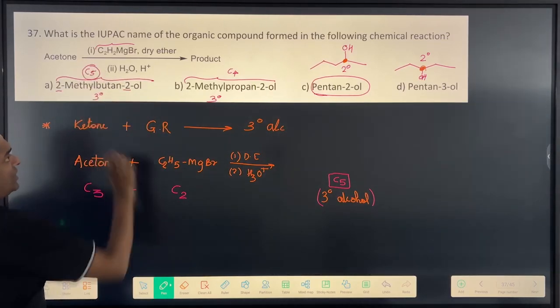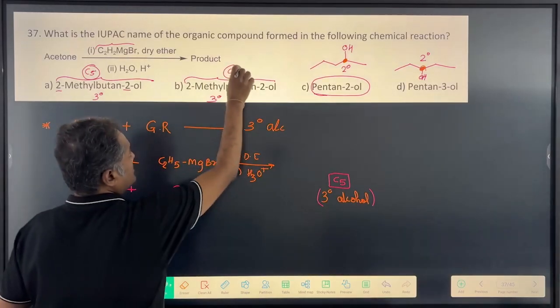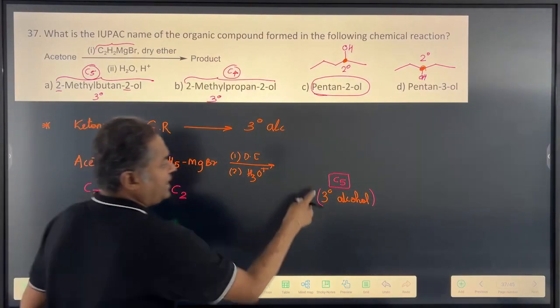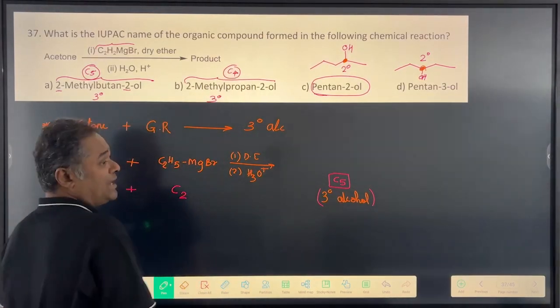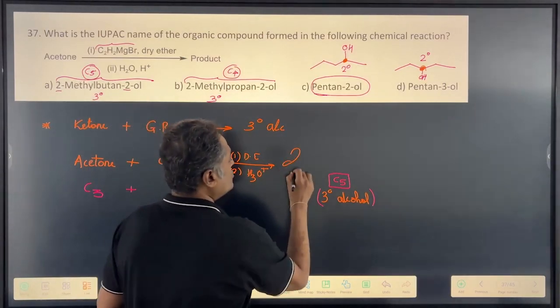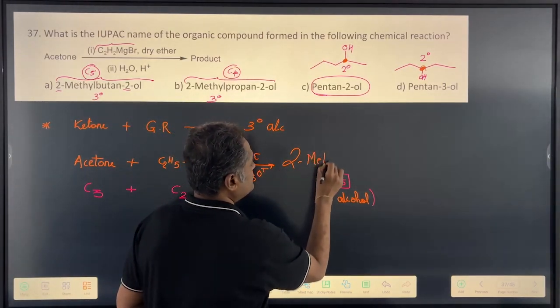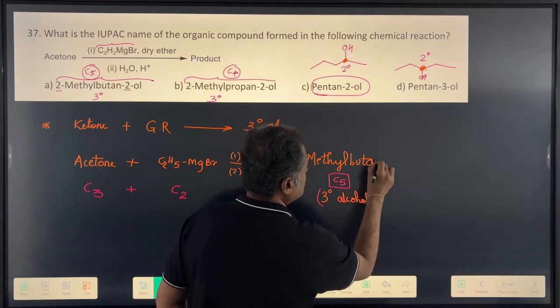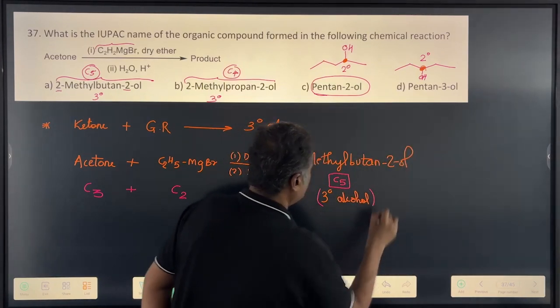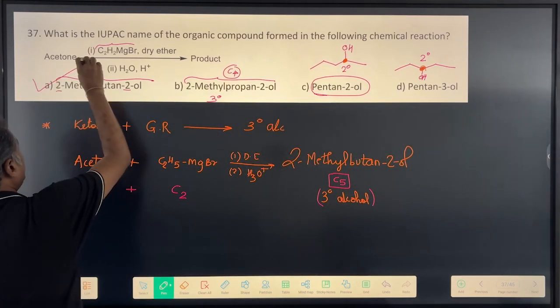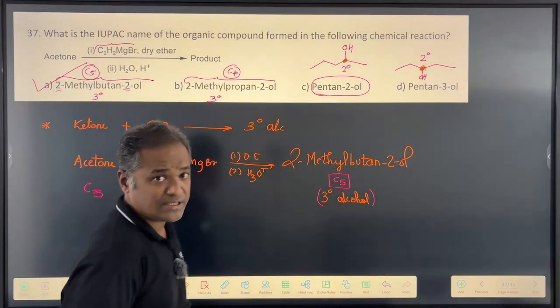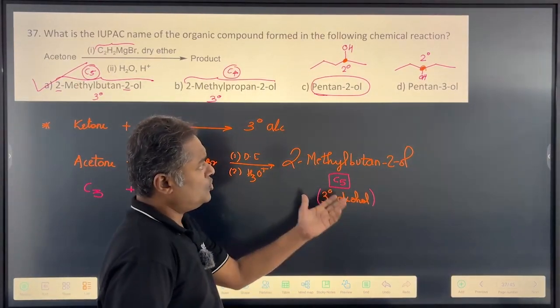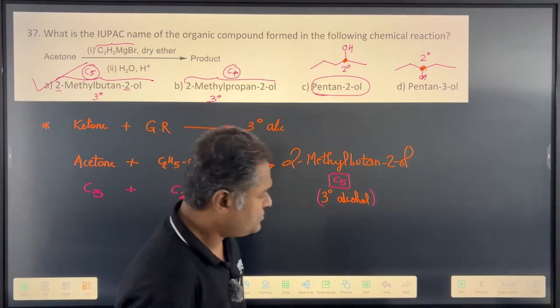The product obtained should have 5 carbon atoms, so your correct answer has to be 2-methylbutan-2-ol. That means your correct answer is A. Is it clear, child? Can we proceed with the next question?